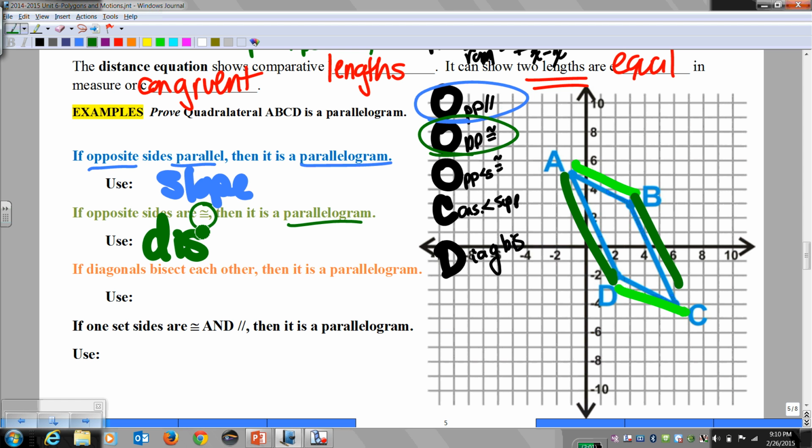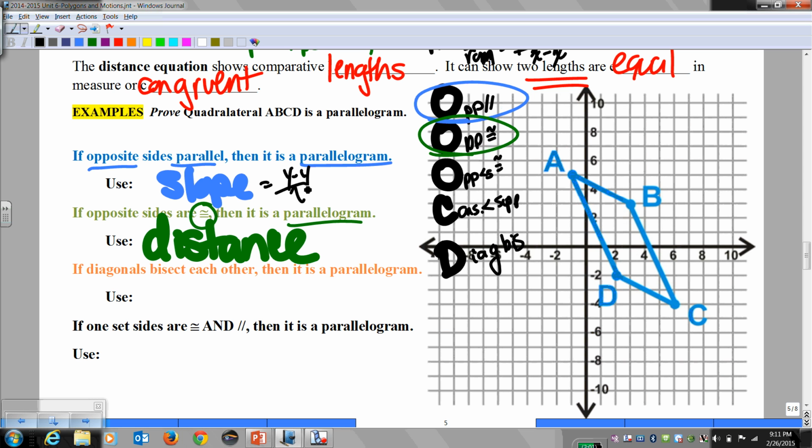There, to compare lengths, I would have to use the distance equation. And again, slope equals y minus y over x minus x. Distance is giant square root x minus x squared, y minus y squared.